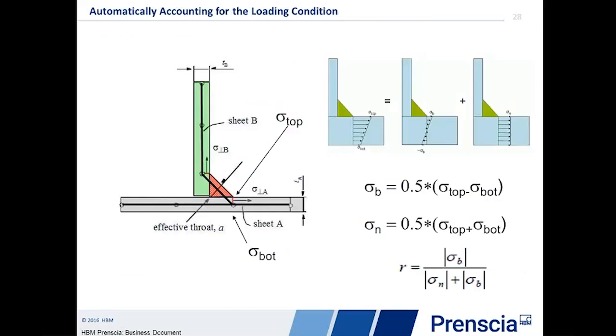Now, one way to account for loading mode is, again, to manually go through, classify your model, and select specific curves out of a weld code. There are also ways that we can go in and automatically account for the loading condition, and we're going to look at that.